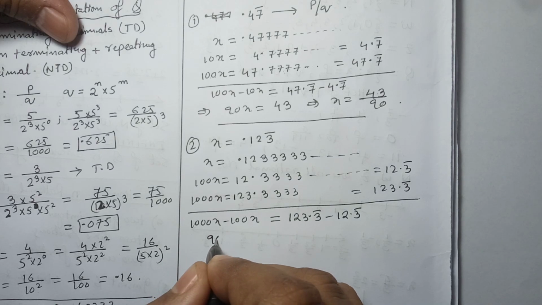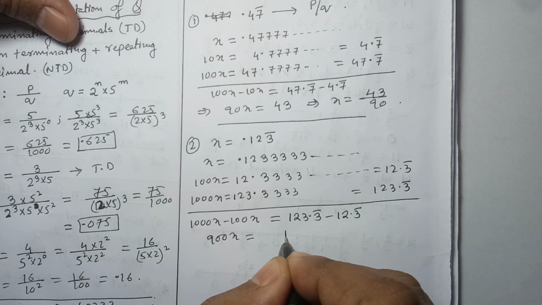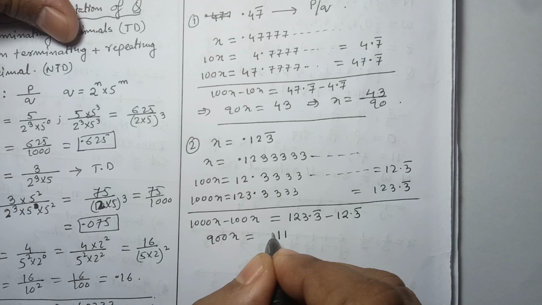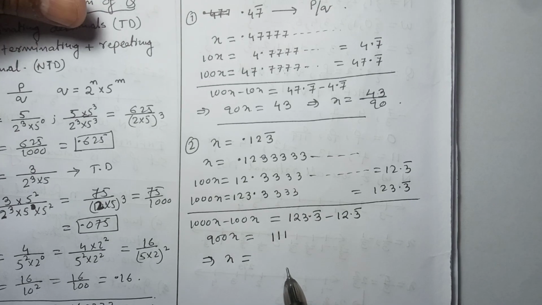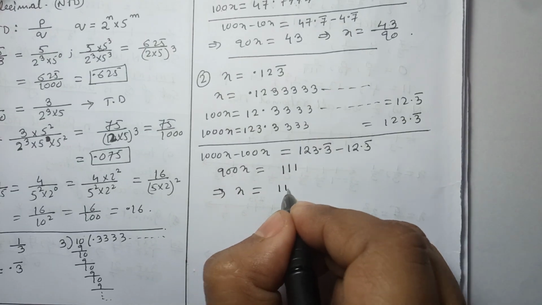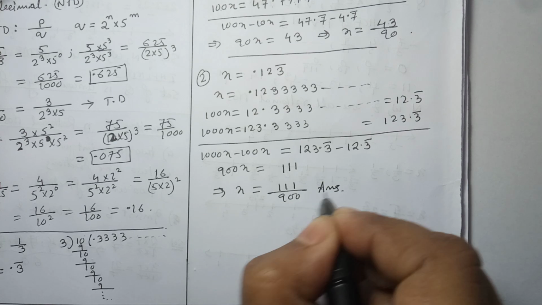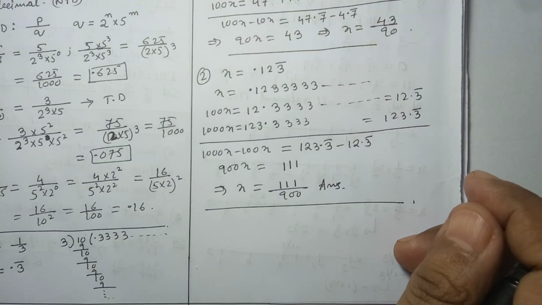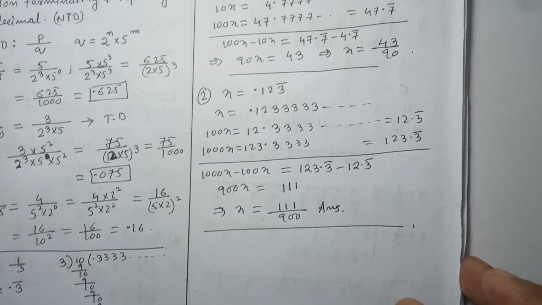So this is 900x is equal to 111. So this will in turn give you 111 by 900. Okay, is it clear? One more I'll explain.